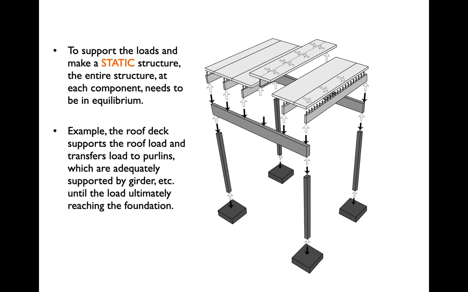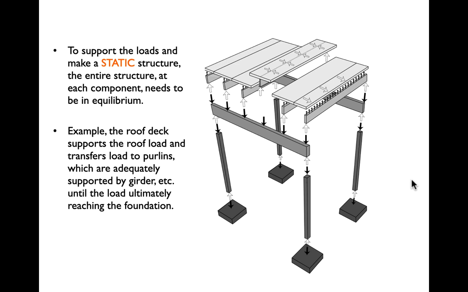So we have forces like live loads, dead loads, people, books, boxes of cookies, whatever. Those forces are being put, for instance, on the floor slab. That floor slab has to be supported in a way that is equal and opposite to the loads we're putting on it. We also, of course, have to take into account the dead weight of the slab itself.